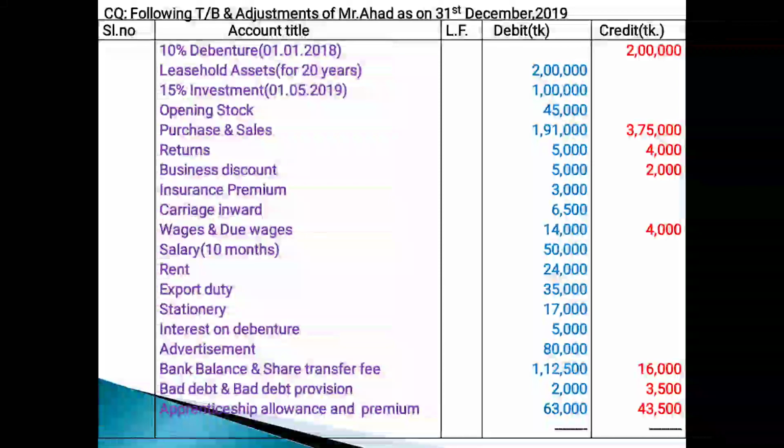So taka 10,000 is the investment interest. Interest on investment is to be shown in non-operating income, that is other income, in the statement of comprehensive income, and also to be shown in current assets in the statement of financial position.